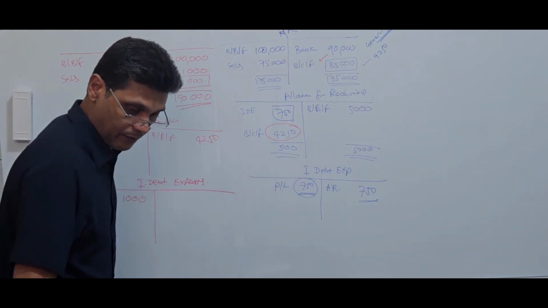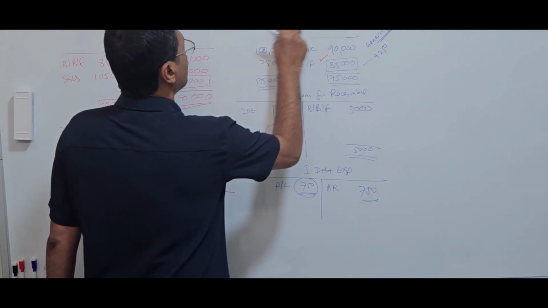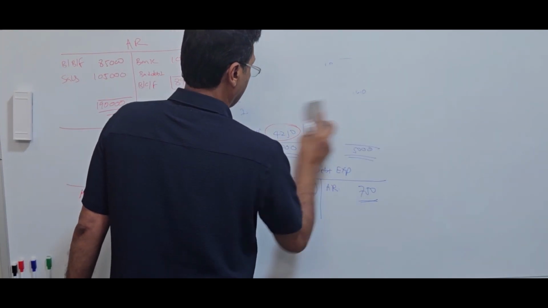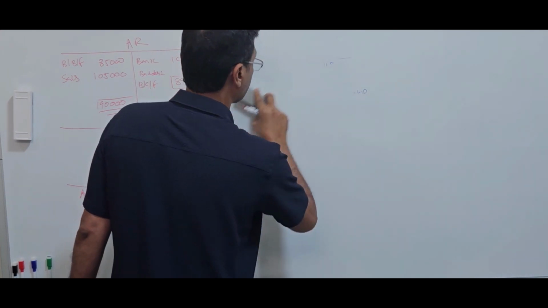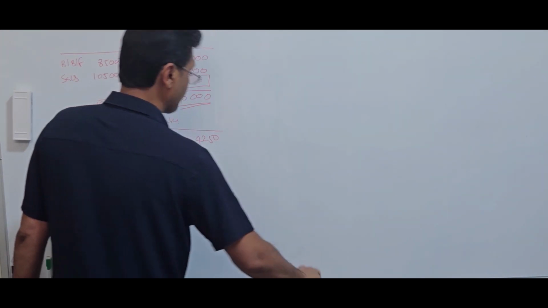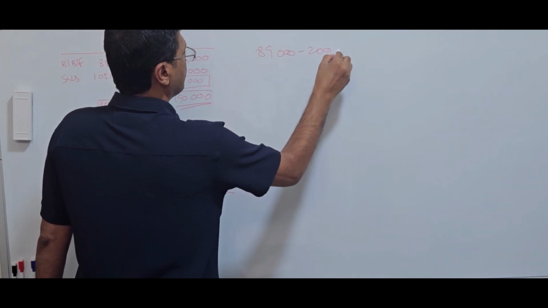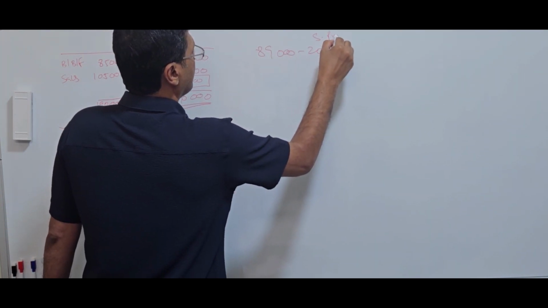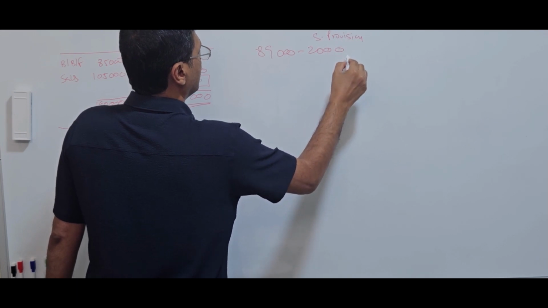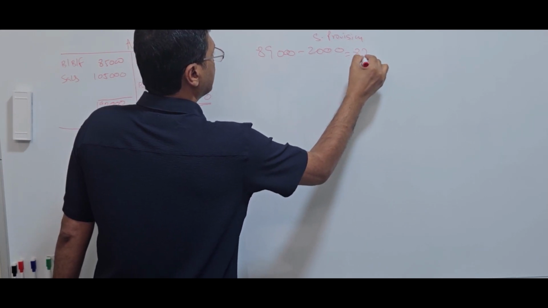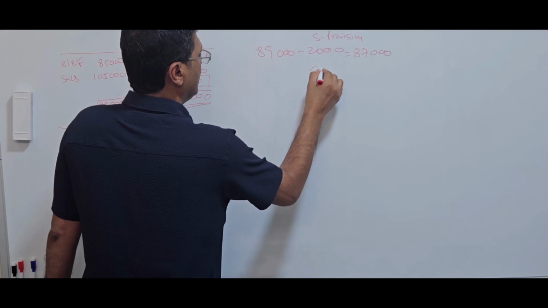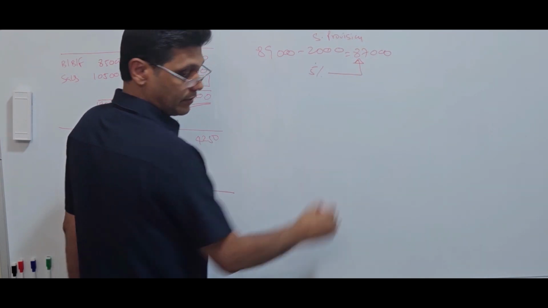89,000, I will erase this part. 89,000 minus the specific provision or the allowance. How much is that? 87,000. You calculate 5% on this 87,000.